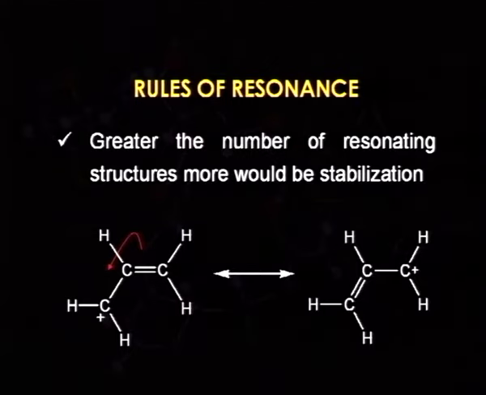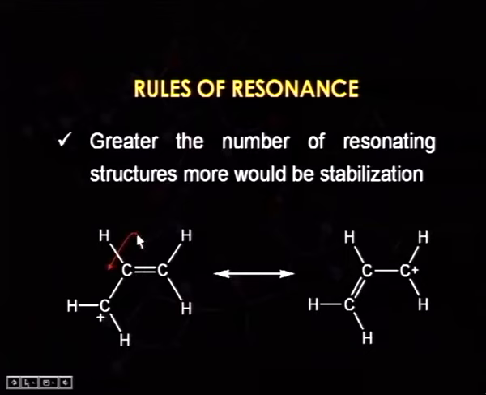Here a plus charge is present, so this will attract the loosely bound pi electrons towards itself, and a new carbon-carbon double bond is formed. Since electrons are migrating from here, this carbon will face slight electron deficiency and a plus charge arises. So, the allyl carbonium ion shows two resonating structures.